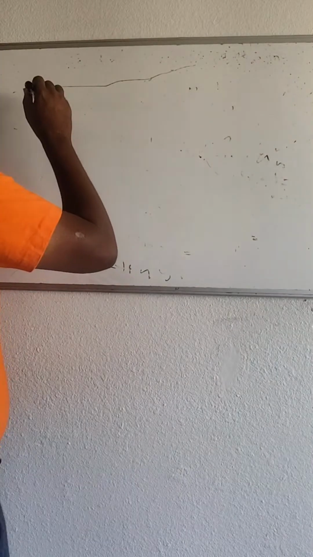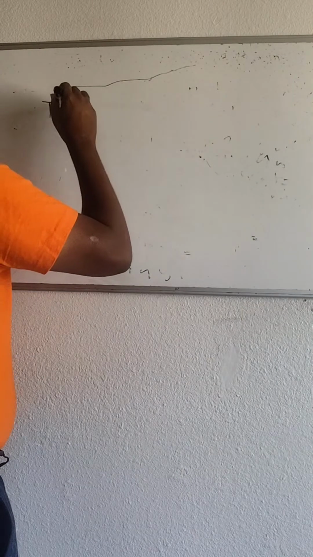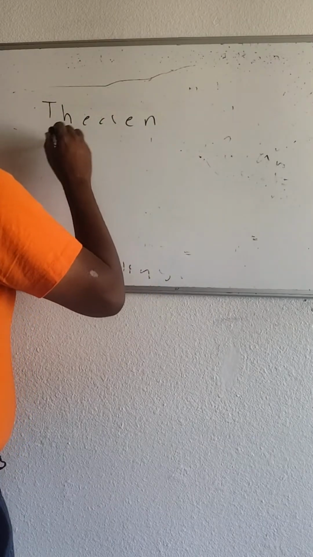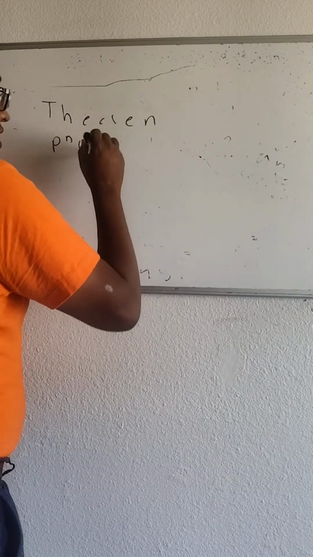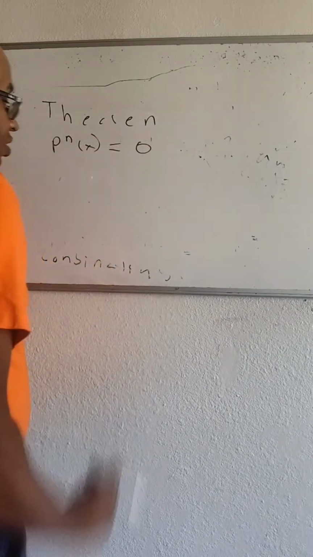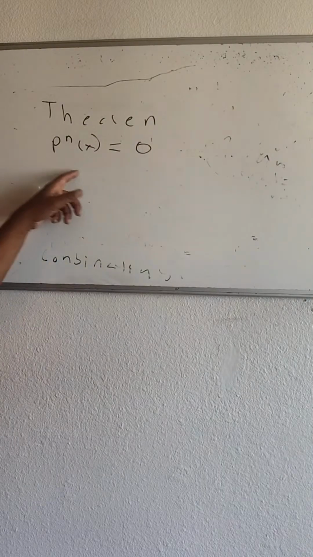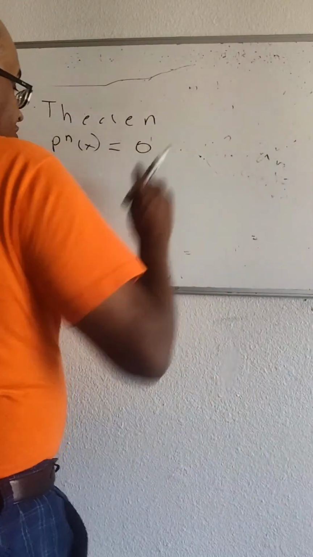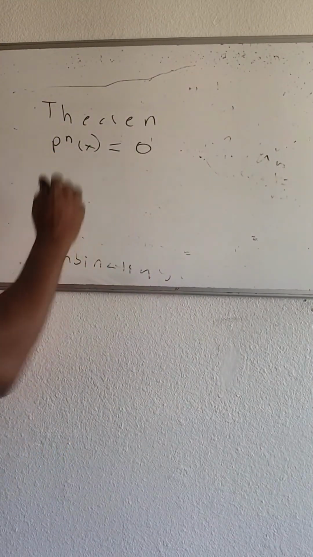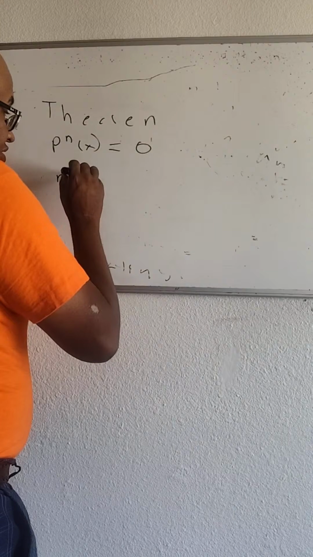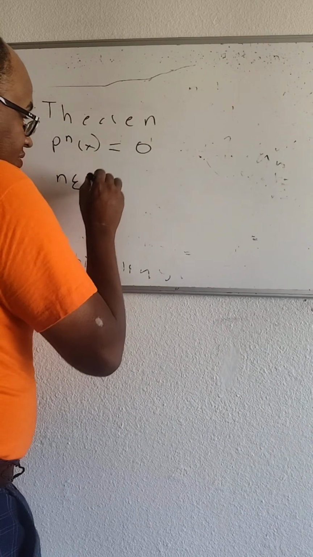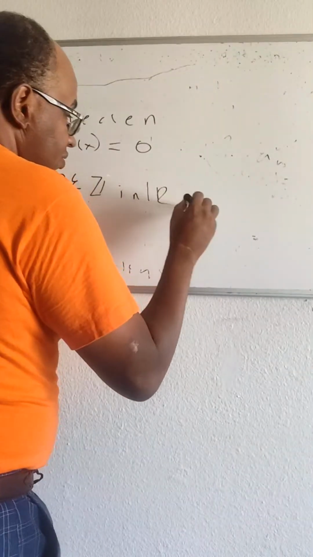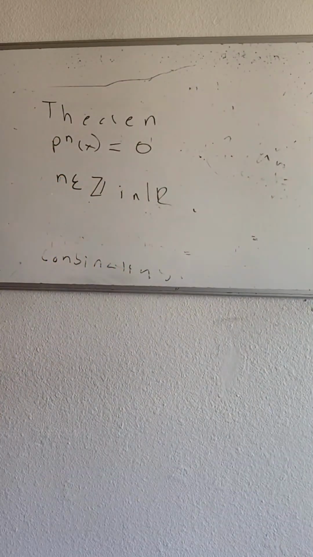So our second theorem will be the zero property. So we're going to do P_n(x) is going to equal 0. All right, P_n(x) equals 0, guys. And we'll let n be any integer, and x in the real numbers.